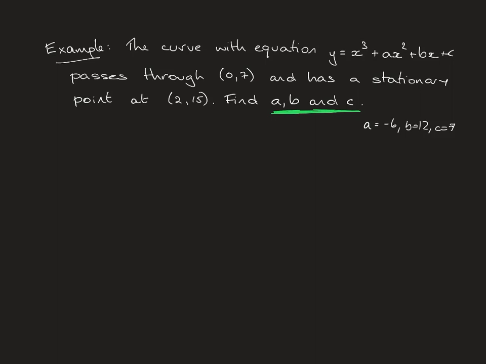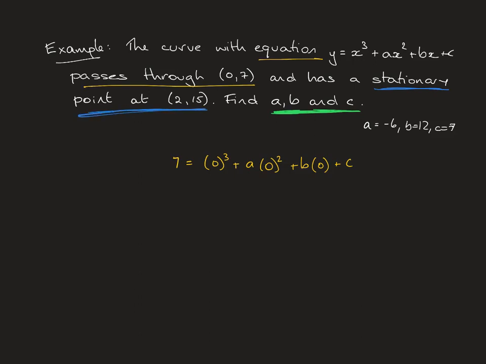For each one of the pronumerals you need to find, you need an equation. So our first equation is going to come from the fact that the curve passes through the point (0, 7). That gives us this equation.